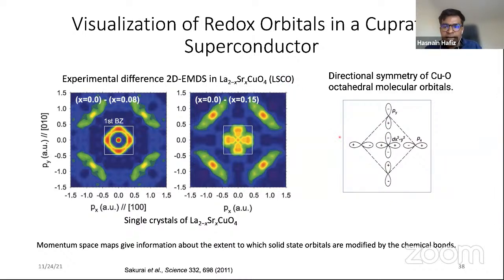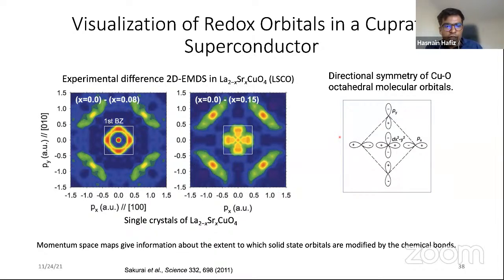This map gives you some information about the extent to which these solid-state orbitals are modified by the chemical bonds. And we see an inverse relationship between real space and momentum space representation.